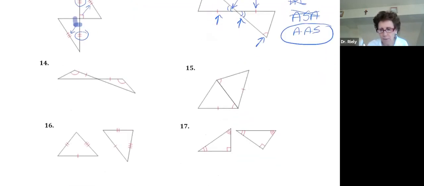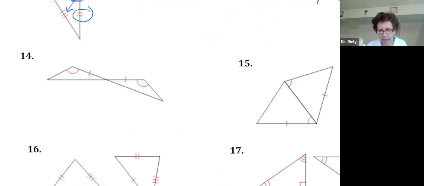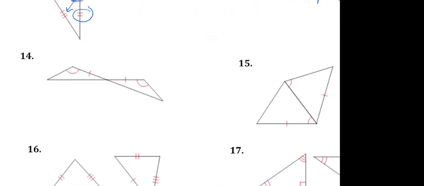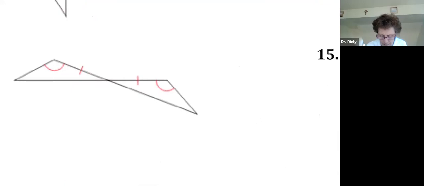Okay, so that brings us to 14. Let's go back up to Evan. Evan, come look at 14 with me. What are you seeing? Are there some angles I can add to the far left and far right of the triangles? How can you add those? Look for the vertical angles.